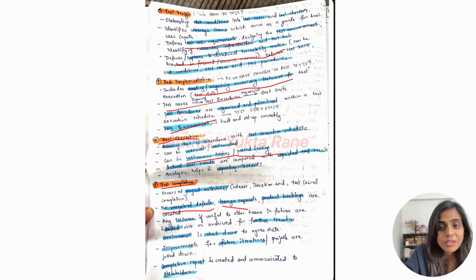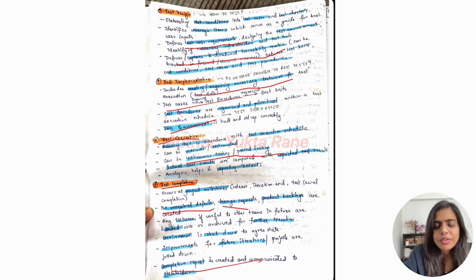So the environment or the software that you had set up is handed over to the other team in case you don't need it anymore, or it is kept or shut down, and then once you start the next iteration cycle, you will be able to use it. Then the completion report is created and communicated to stakeholders.